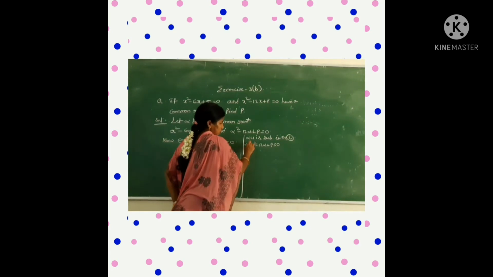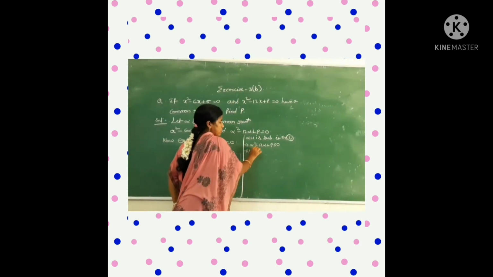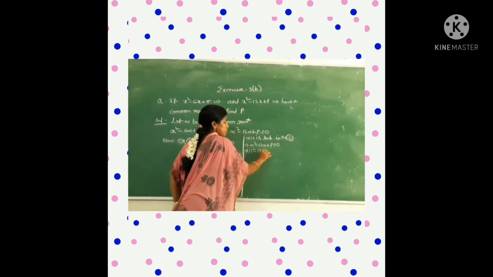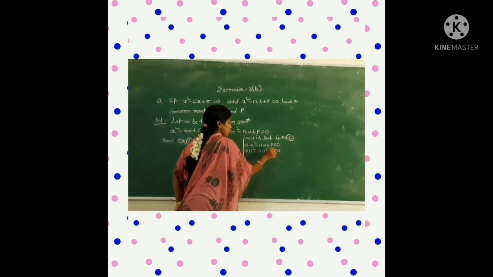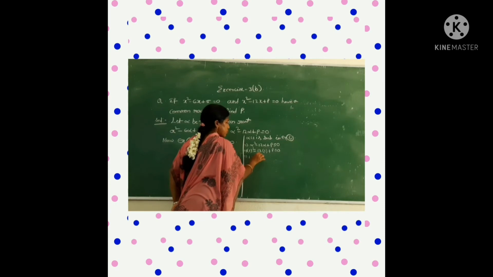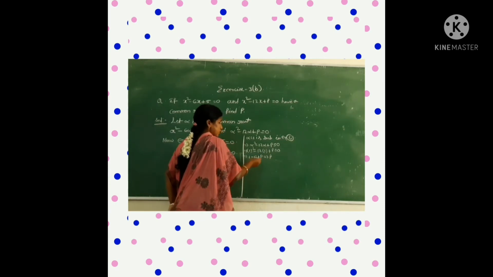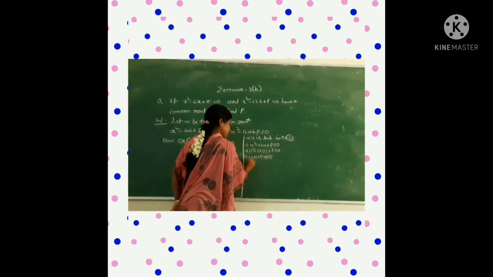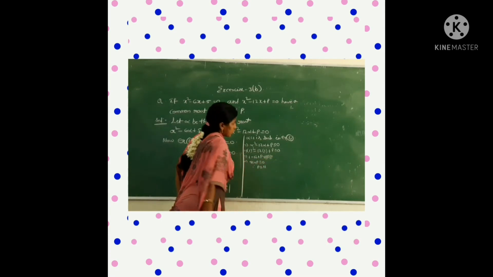Alpha square means 1 square minus 12 into 1 plus p is equal to 0. That implies 1 minus 12 plus p, that is minus 11 plus p is equal to 0. Therefore, p is equal to 11.